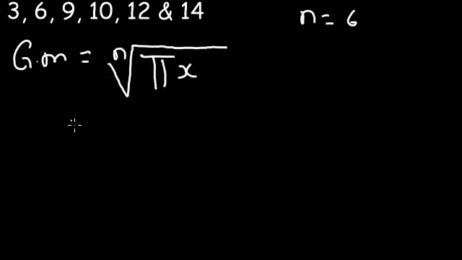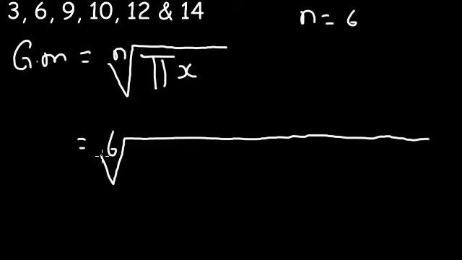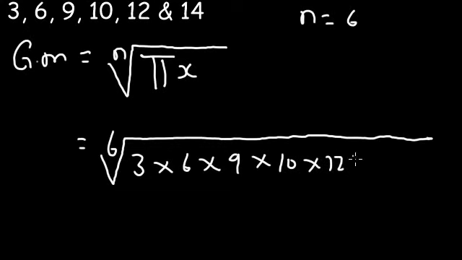So therefore, the geometric mean will simply be equal to the 6th root of, so that will be a little bit longer, the 6th root of the product of the distribution. That will be 3 times 6 times 9 times 10 times 12 times 14. And I'll be using my calculator for that.